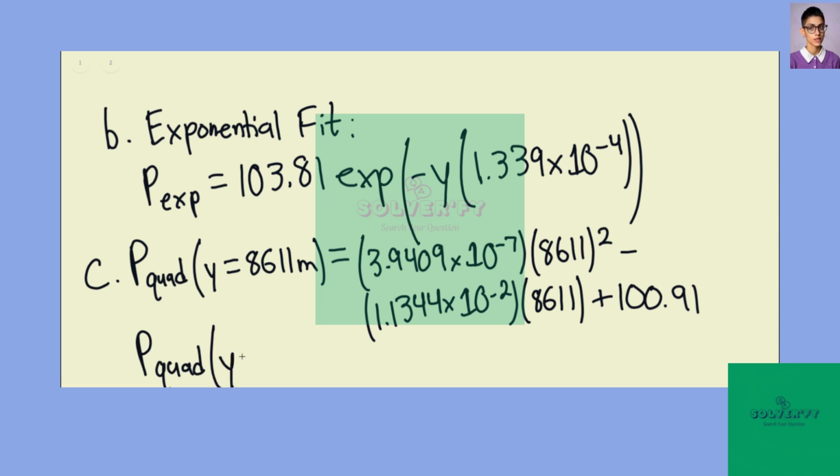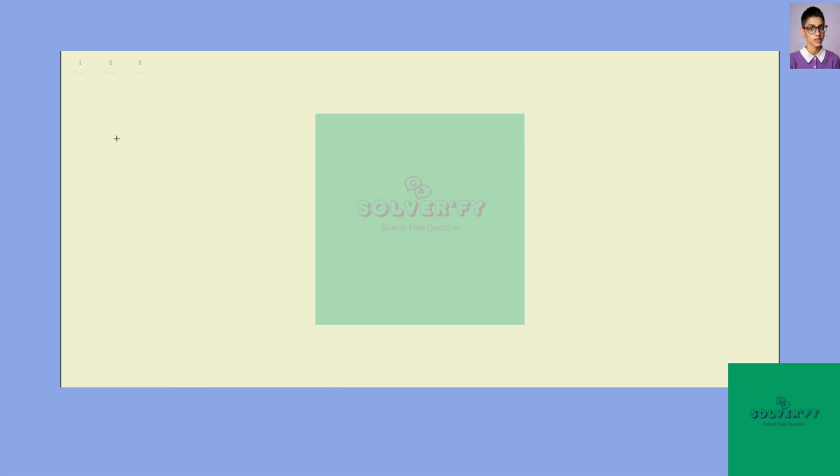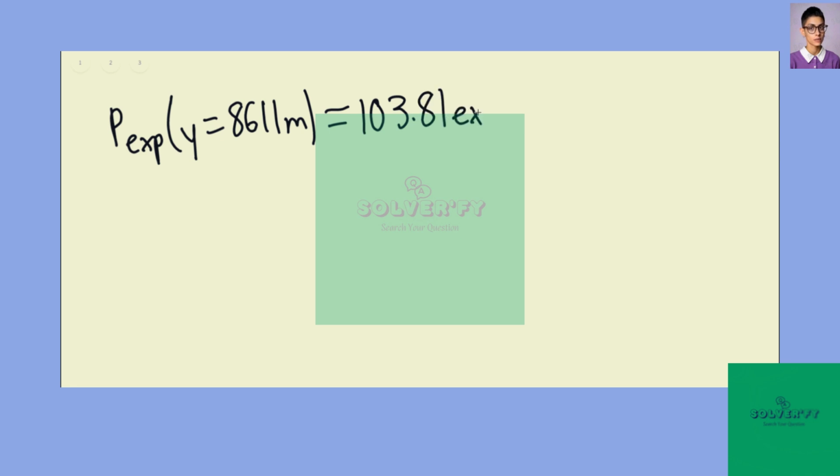And so the pressure using the quadratic fit at y equals 8,611 meters is going to give us 32.45 kilopascals. For the exponential fit at y equaling 8,611 meters, this is going to equal 103.81 exp of negative 8,611 times 1.339 times 10 to the negative fourth.